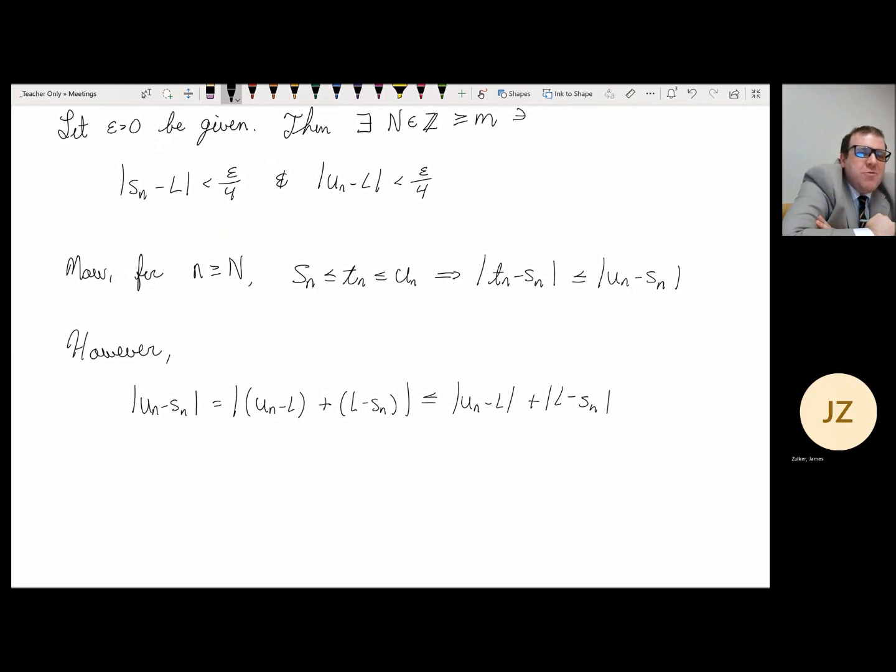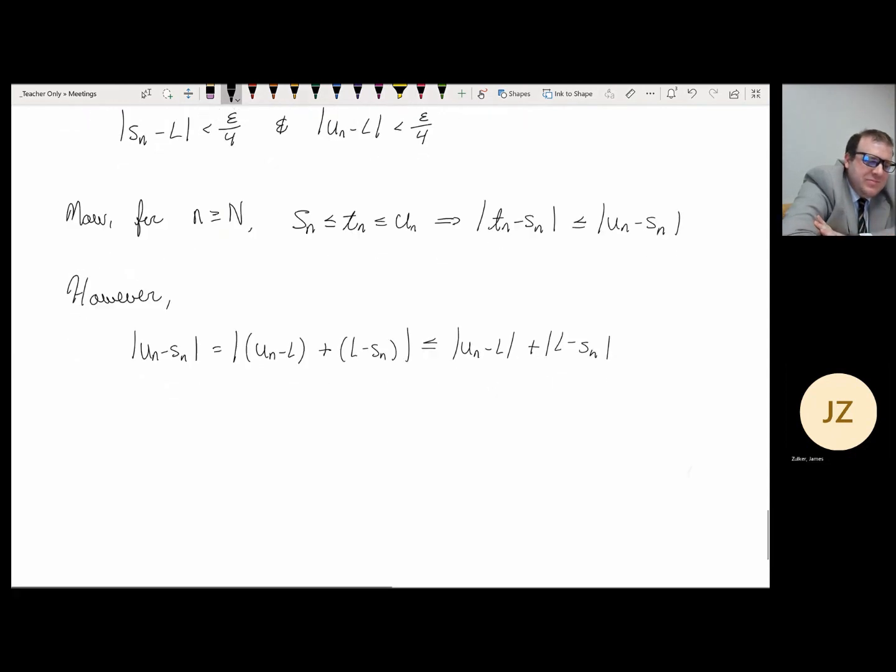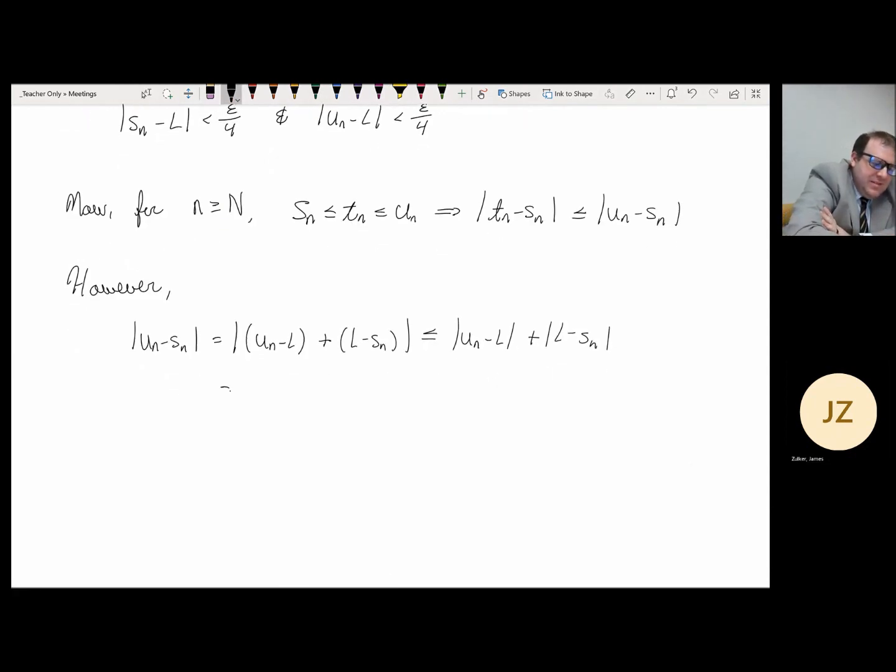By the triangle inequality, that would be less than or equal to the absolute value of U sub n minus L plus the absolute value of L minus S sub n. But because we're in absolute values, you can flip the order of subtraction.